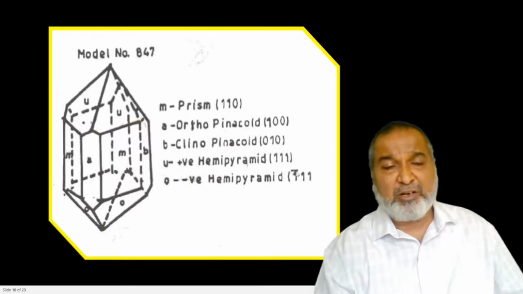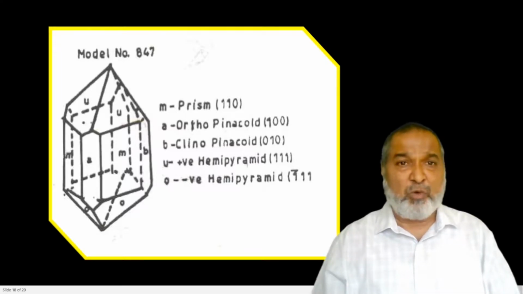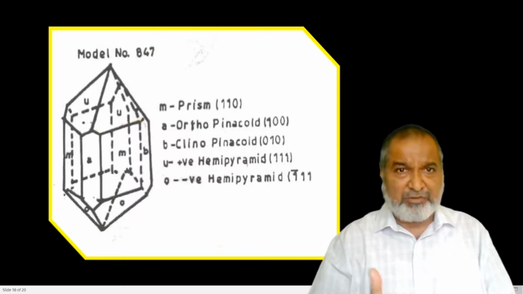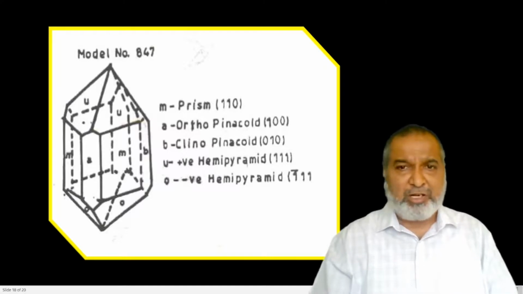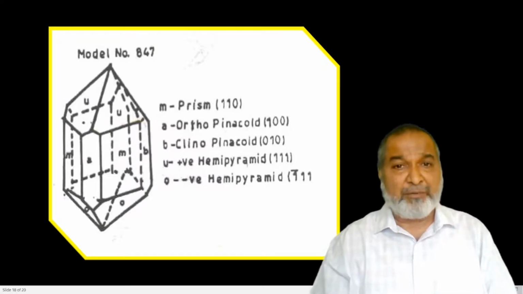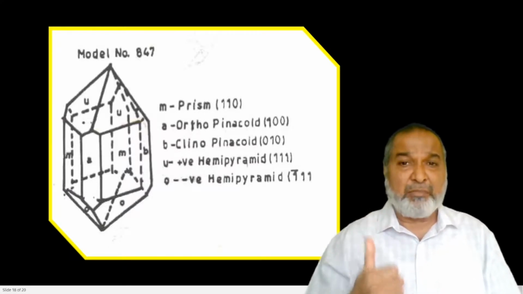Because it is going to cut the negative end of the A axis. When we say it is a positive one, that means it is going to cut your A front axis, the positive side. So pyramid 111, whether it is half or quarter, no problem, but the indices remain 1 1 1. Positive. Once we say it is negative, it will be bar 1.